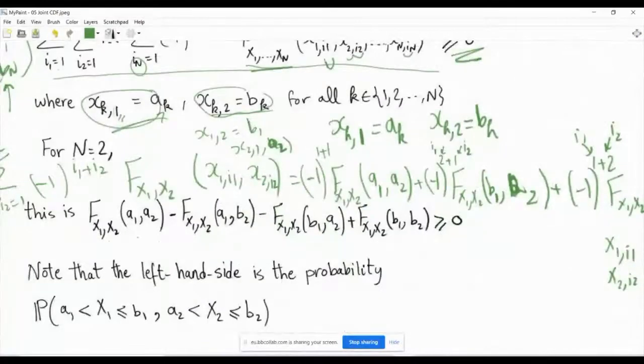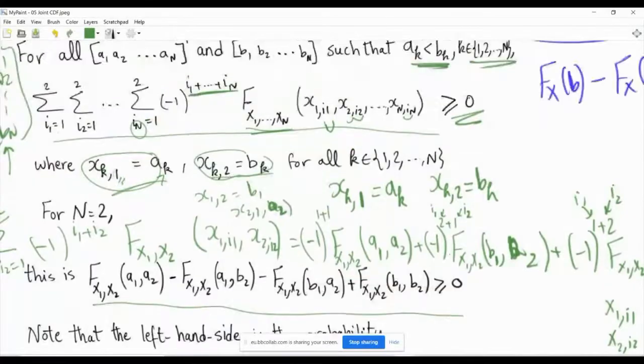And so you get something like this. It's better than the summation, but it is still not clear what those guys are. So it is the joint CDF evaluated at A1, A2, with a plus sign, A1, B2 with a minus sign, B1, A2 with a minus sign, and then B1, B2 with a plus sign.